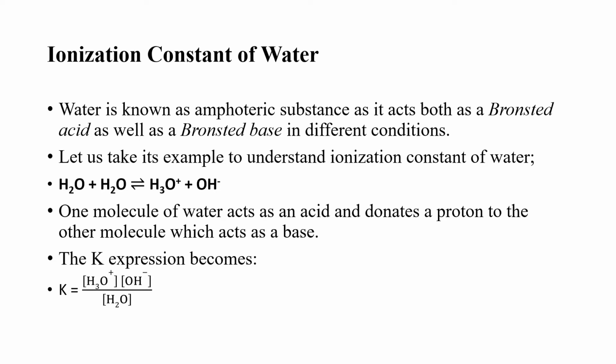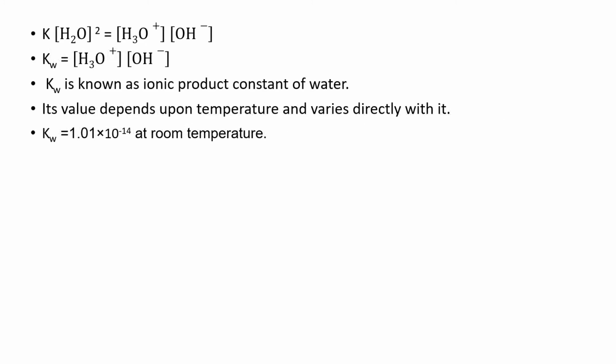So we can write the Kc expression out of it, the ratio of the products to the reactants. Now we know that water molecules are taken as a solvent over here, so we can take it to the other side of the equation, making it a constant, because the thing which is taken in excess, like the solvent, is always taken as a constant quantity.